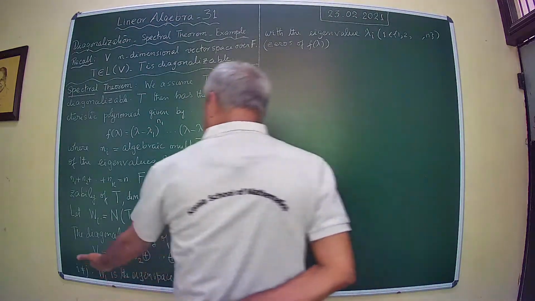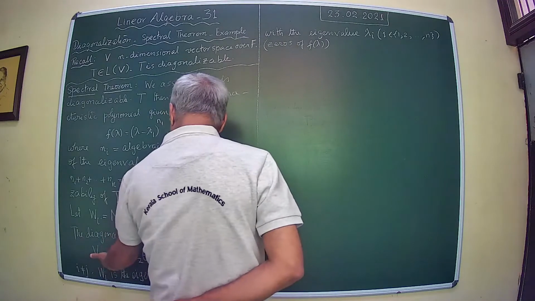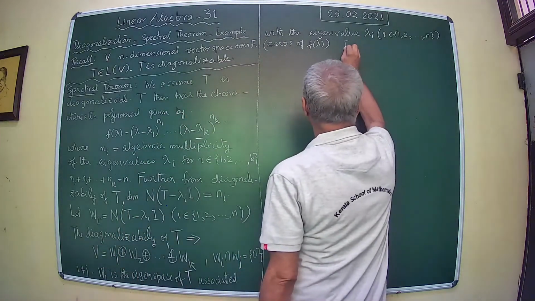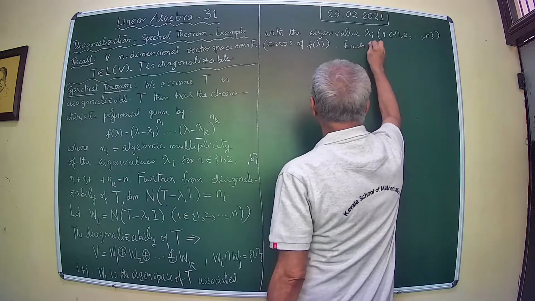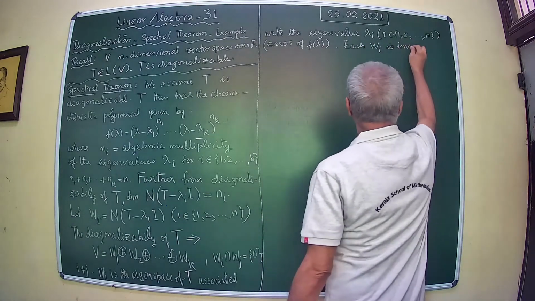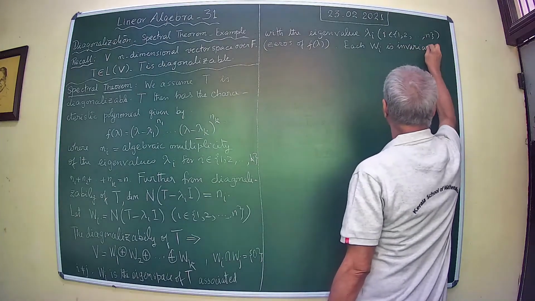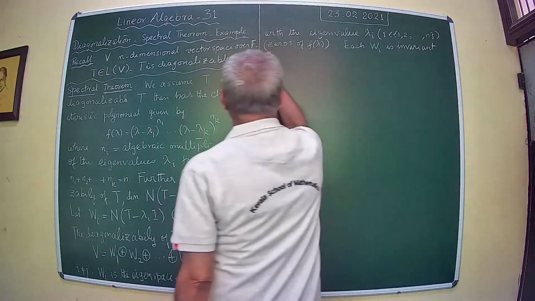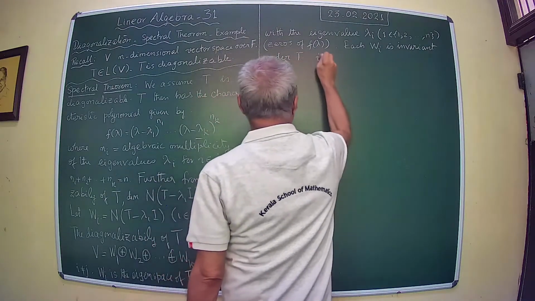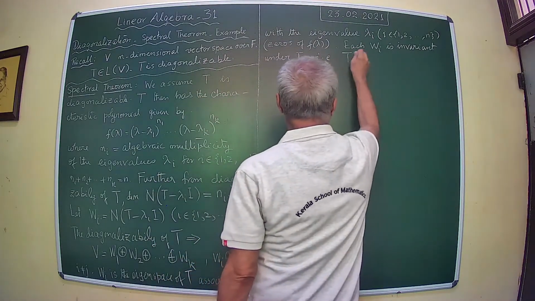And we have the breakup of V as W1 plus W2 etc. Each Wi is invariant under T, that is T of Wi is contained in Wi.